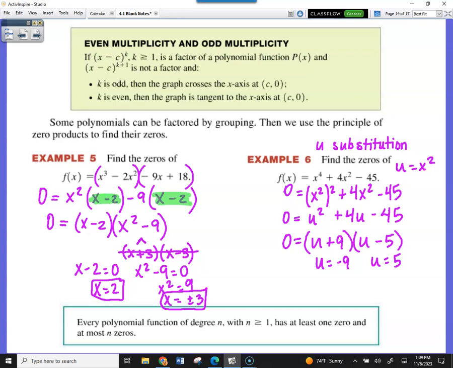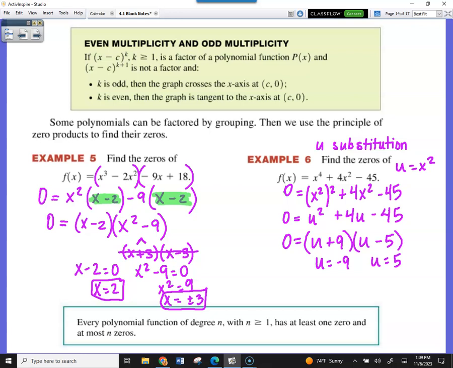I saw 3 people go from the factored form and say right here, u is 9 and negative 5. They just forgot that last step. So I went in and I'm pretty sure I gave 0.9. The computer gave 0. And I'm like, wait a minute. I looked at your work and I saw you were all right here. You just forgot the next step. So I gave 90% out of the 100% for that point.